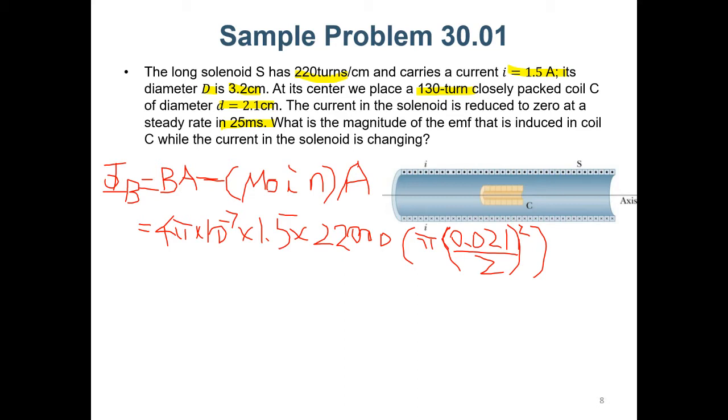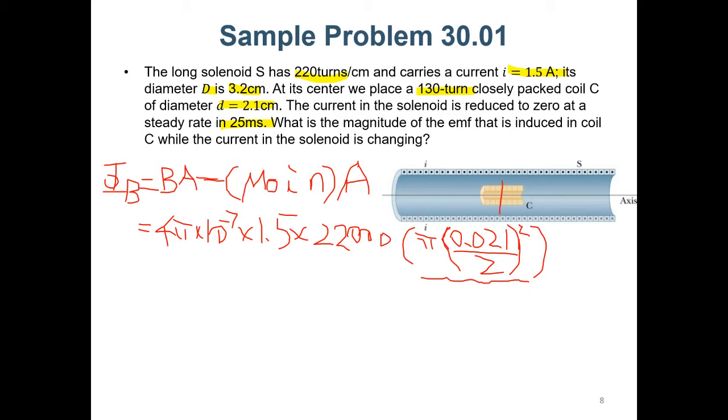the magnetic field generated by the solenoid, and actually we only consider the magnetic flux for the small coil C. So we only consider this radius here. So the radius should be 2.1 centimeter over 2 over 100.